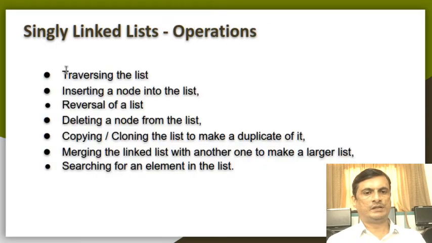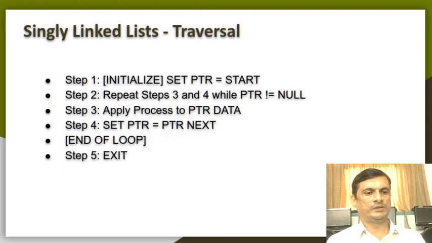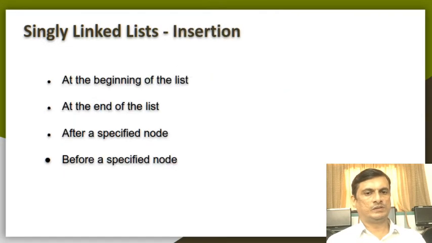We discussed the different operations like traversing, insertion, deletion, reversal, copying, cloning, etc. In insertion, we also discussed how to insert at the beginning, at the end, and at a specified node.